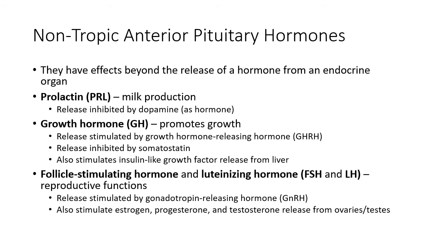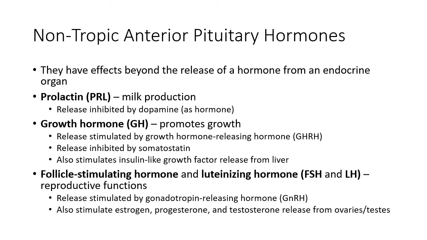Okay, so for those hormones from the anterior pituitary that have non-tropic effects, these would be those effects. Prolactin is primarily involved with stimulating milk production from the mammary glands. Growth hormone promotes growth.